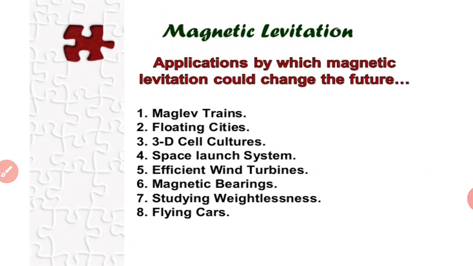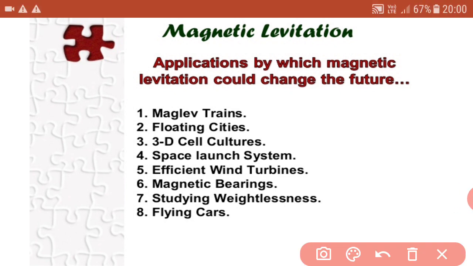Now, applications by which magnetic levitation could change the future. One powerful application is maglev trains, also known as magnetic levitation trains. The second application is floating cities.